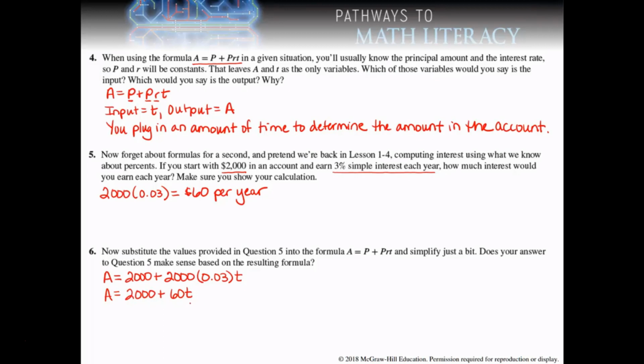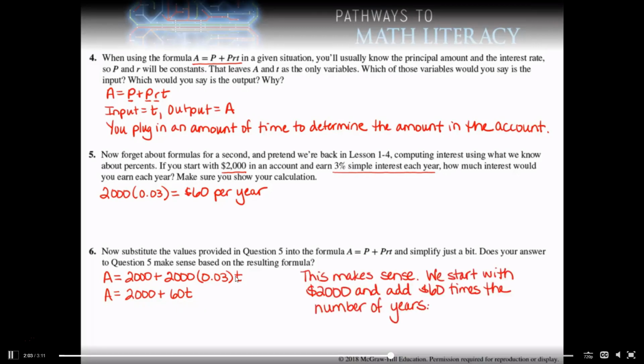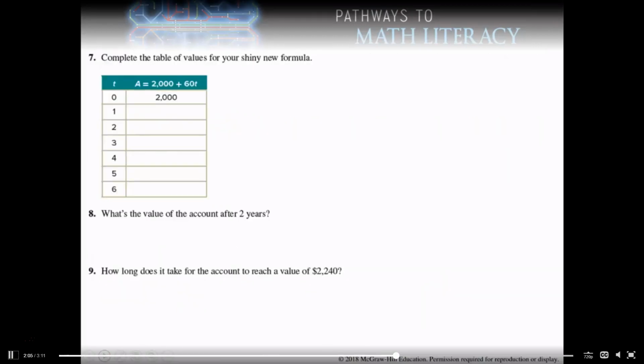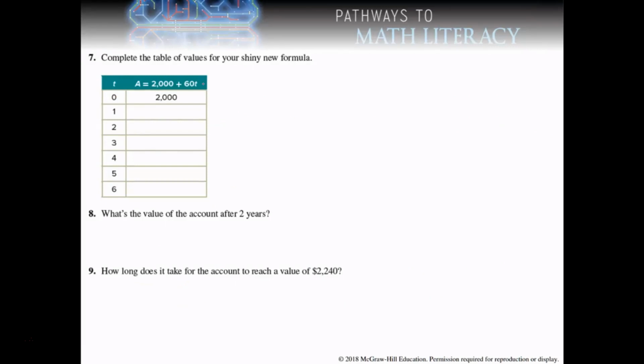So then in number 7, we're going to use that formula that we just came up with to fill in this table. So they've already plugged in T equals 0 for us and written down the value of 2,000 in the account. Now we'll plug in T equals 1. That'll give us 2,000 plus 60, so 2,060. And then when we plug in T equals 2, that'll give us 2,000 plus 120, so 2,120.